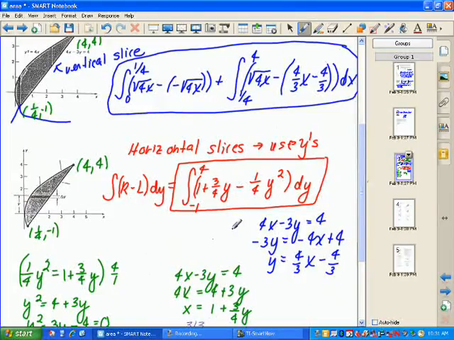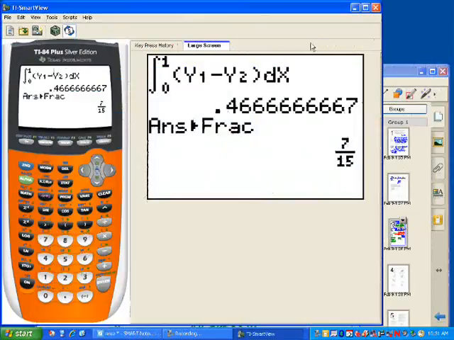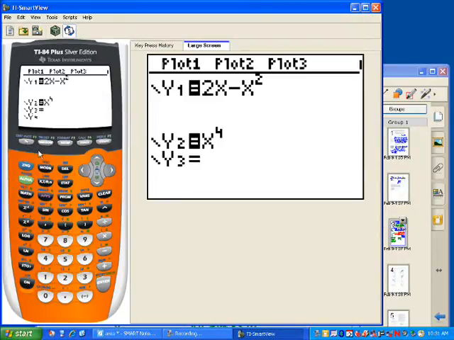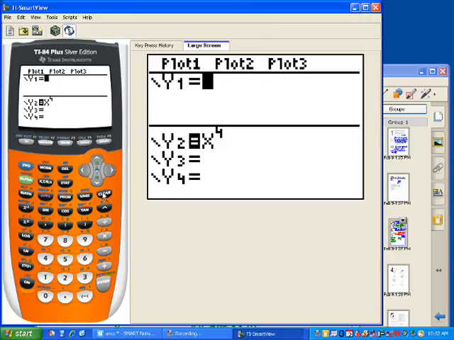The weird part, though, when you go to do these with the y's, you actually don't use y's. So let's go back to the calculator again. And let's do the second one, the horizontal slices, the y's. Let me get rid of this stuff.